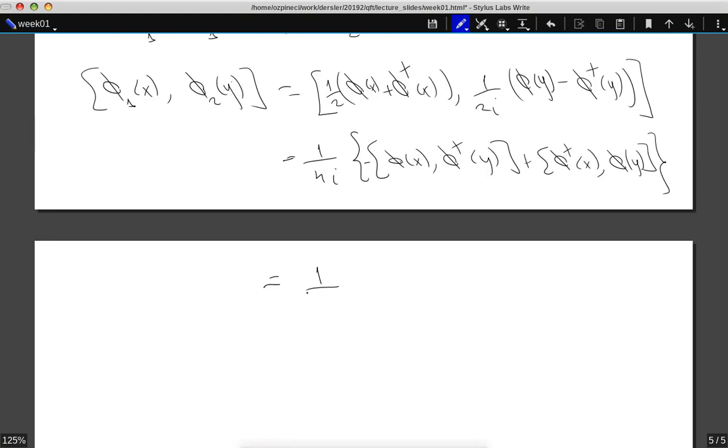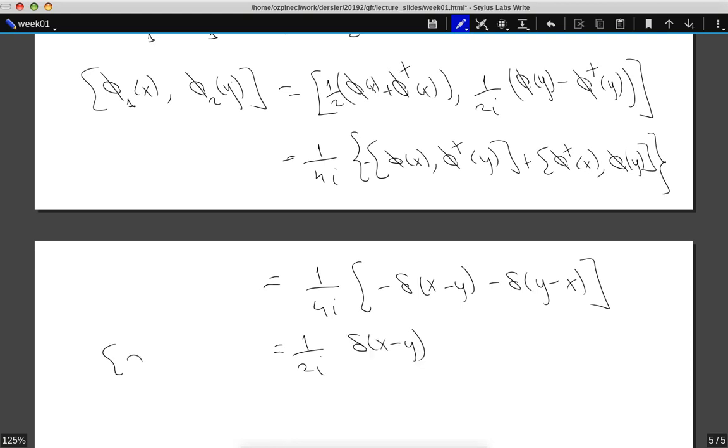So this is equal to 1 over 4i. Well, the first one is Kronecker delta x minus y. The second one is also Kronecker delta, let's say y minus x, but they are the same thing. So this is 1 over 2i Kronecker delta x minus y.